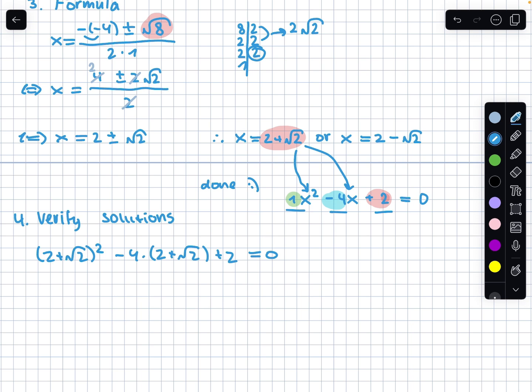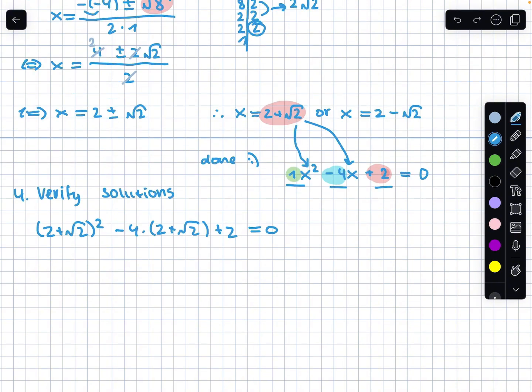Now, if everything goes well and our solution is correct, at the end of these calculations, we should have 0 is equal to 0. So you can use a calculator for this step. From the first bracket, we'll have 6 plus 4 square root of 2 minus 8 minus 4 square root of 2 plus 2 equals 0.